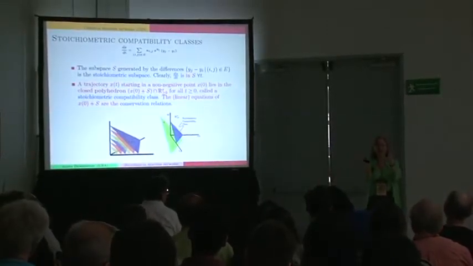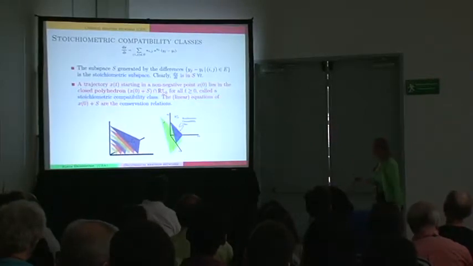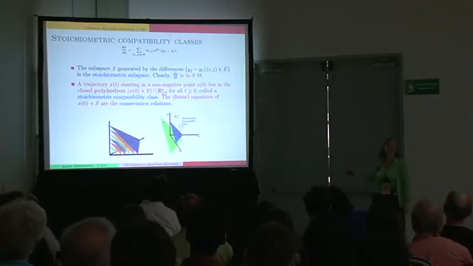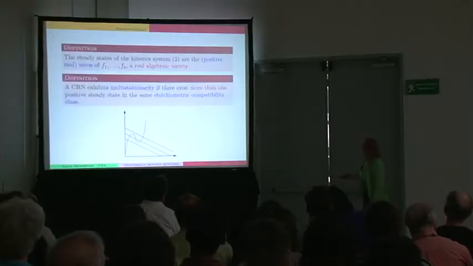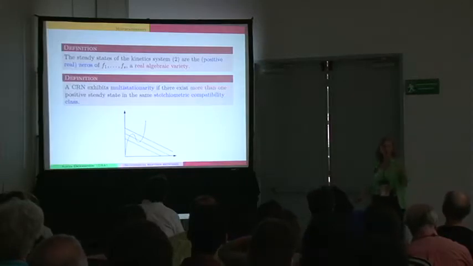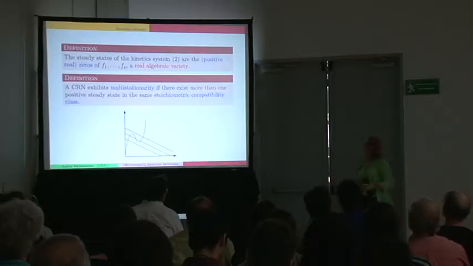You never leave the non-negative orthant. And just another piece of notation: there are linear equations that describe S, so the translates, and these linear equations are called the conservation relations. They hold all along the trajectory. The steady states of the system are the points where all derivatives vanish, so they are the positive real zeros of the f's, and this is a real algebraic variety.